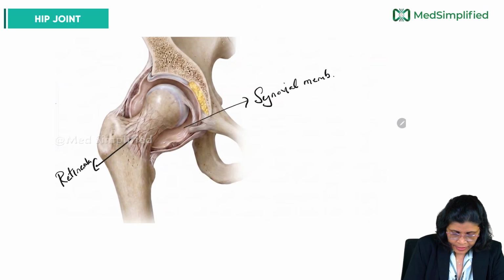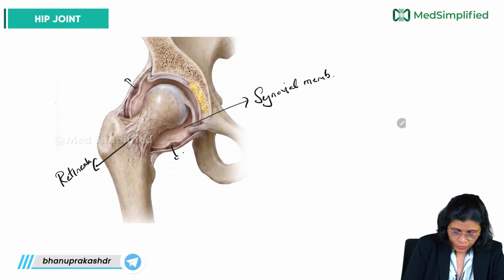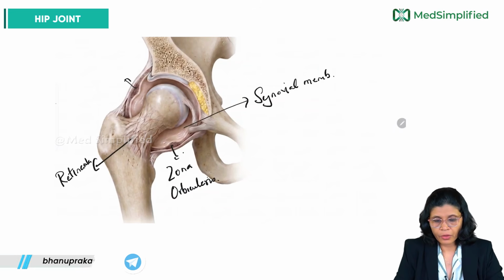And here, this portion will be the zona orbicularis, which is nothing but the circular layer of the capsule.